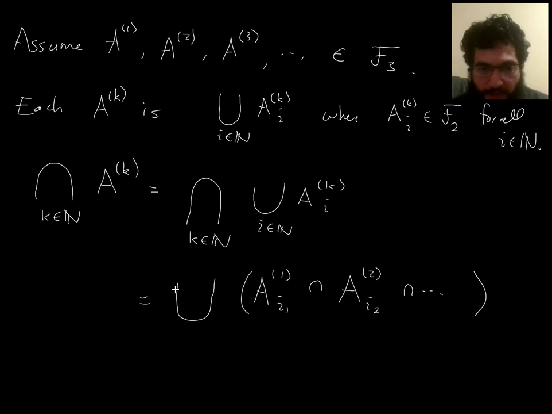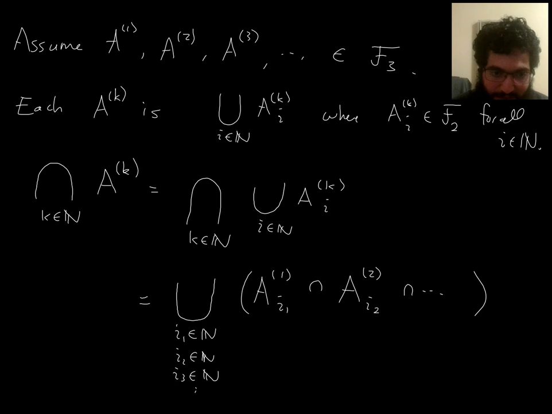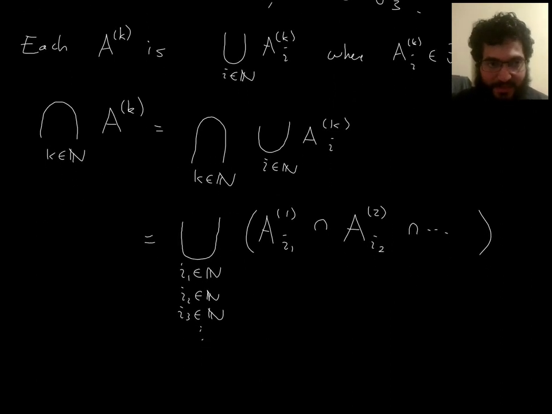So what is this union over? It's over all the different choices of things that I take from, all the different choices of I1 and all the different choices of I2 and so on. So here's one way to put it, I guess: for all the I1s, natural numbers, all the I2s, all the I3s, and so on.